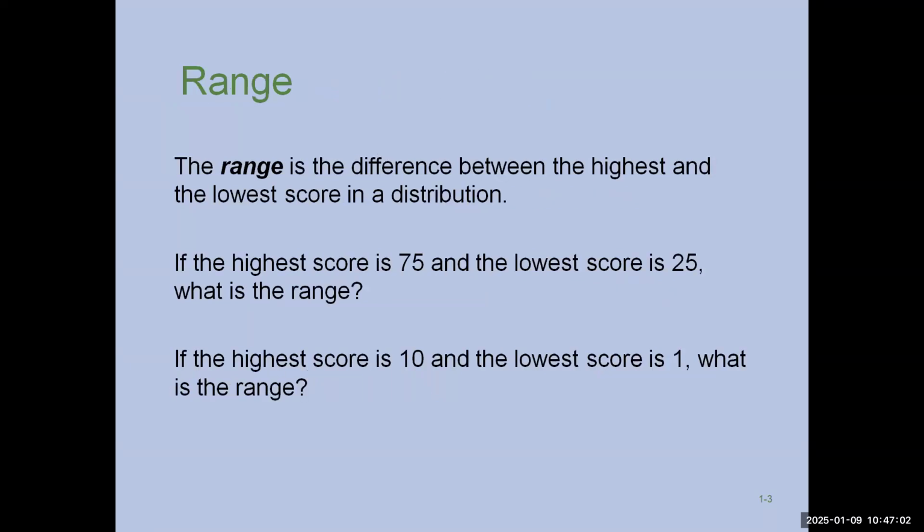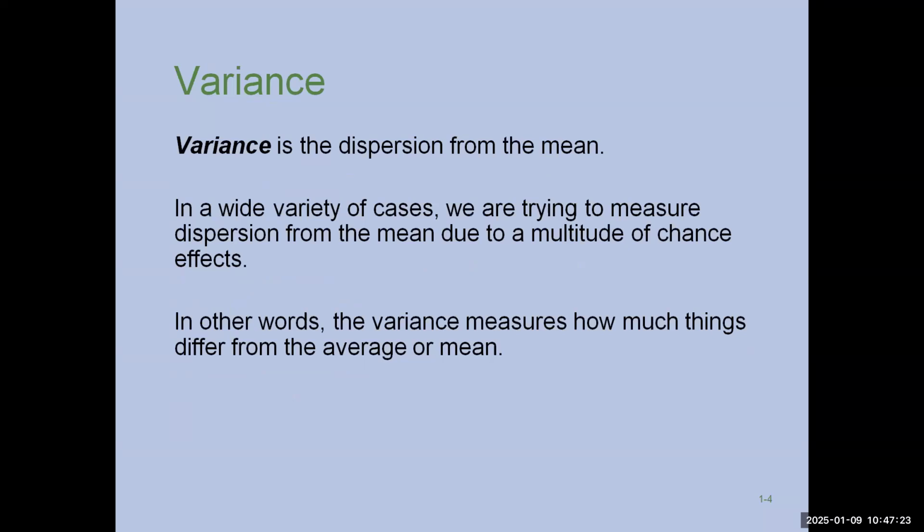And the range is the difference between the highest and the lowest score in a distribution. If the highest score is a 75 and the lowest score is a 25, then what is the range that we know, that is 50. And if the highest score is a 10 and the lowest score is 1, the range is 9. So variance is the dispersion from the mean.